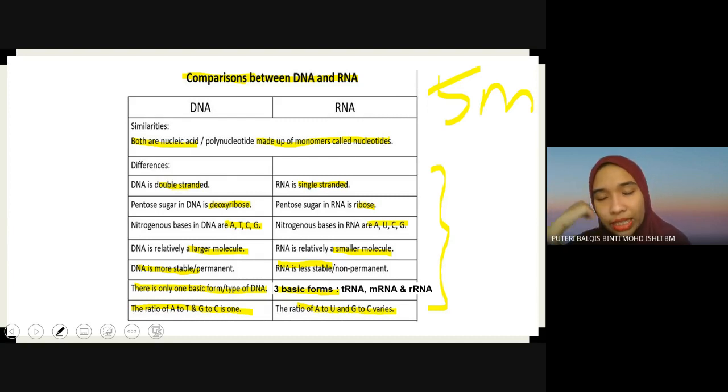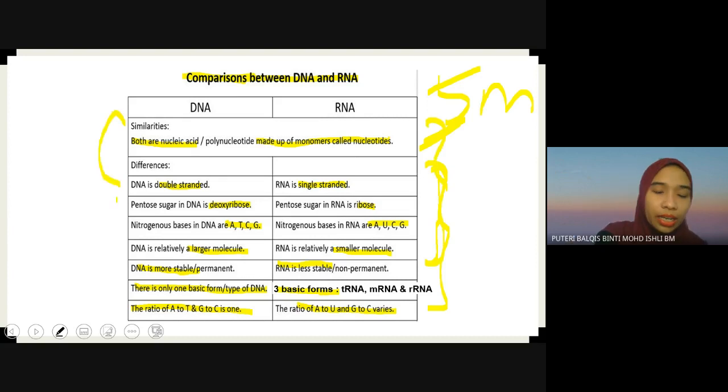Maksudnya kita susun ikut kepentingan. Point pertama tu adalah benda yang paling penting awak kena cakap. Kalau soalan 5 markah, cakap yang paling penting dulu. Top 5 yang ni lah. Okay, cakap yang paling penting.